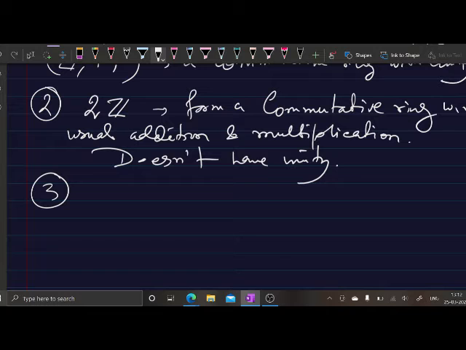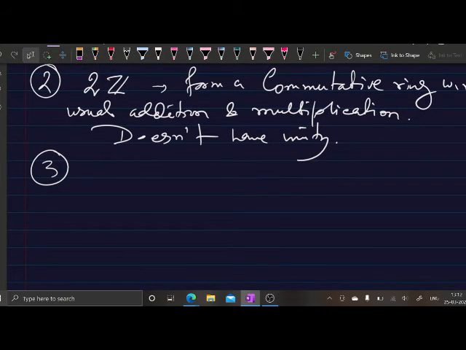Suppose you take this set which will be denoted by Z[i], where i is the complex number i, the solution of the equation x squared plus 1 equals 0 in the set of all complex numbers.